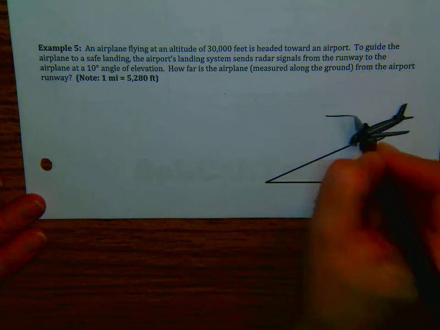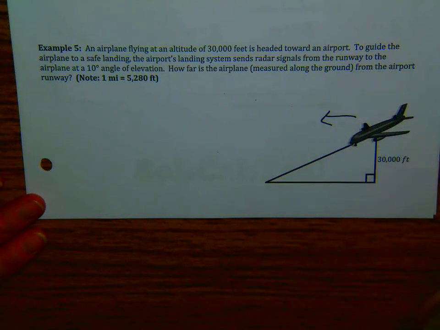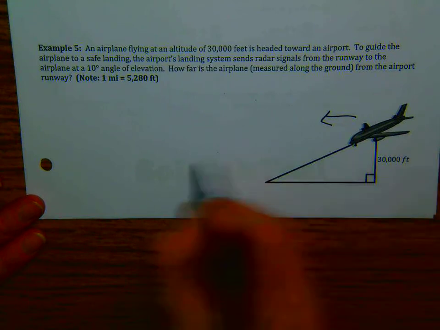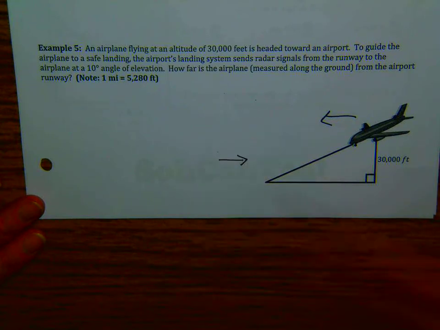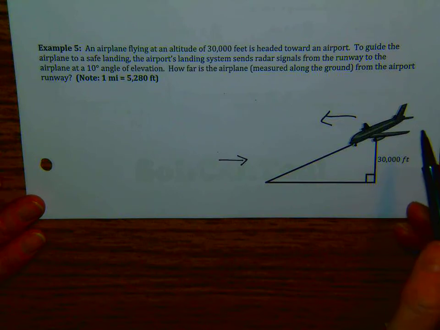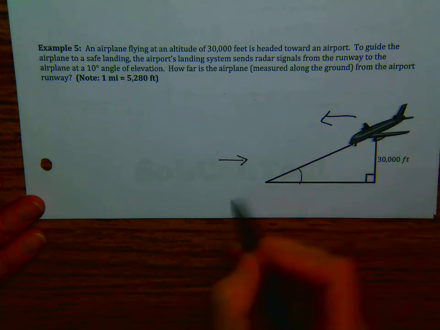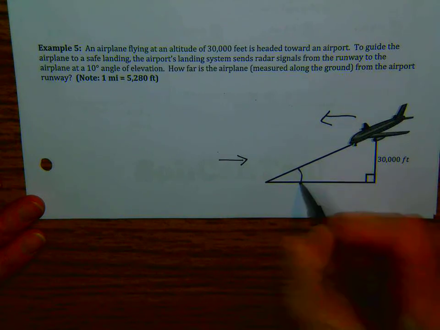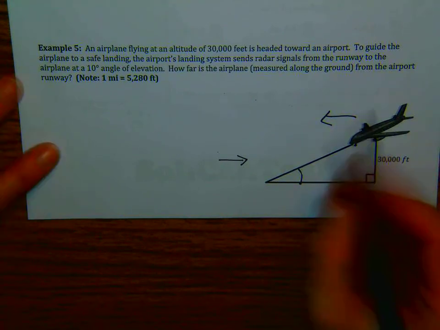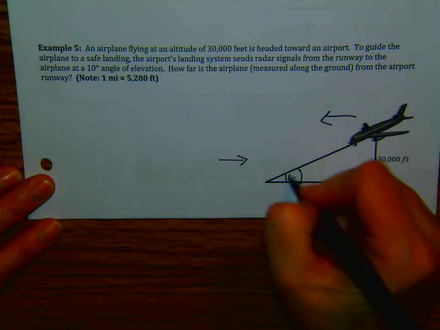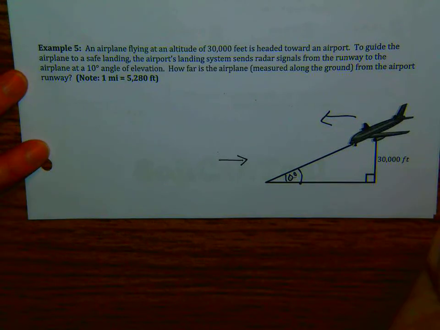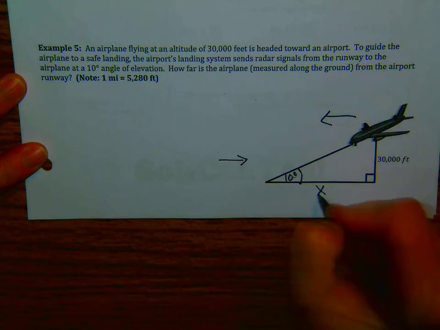To guide the airplane to a safe landing, the airport's landing system sends radar signals, so the airport is sending radar signals this way, to the runway from the airplane at an angle of elevation. Angle of elevation always means upward. So this is our angle of elevation at a 10-degree angle. How far is the airplane measured along the ground? So this is what I'm looking for, X, from the airport runway.